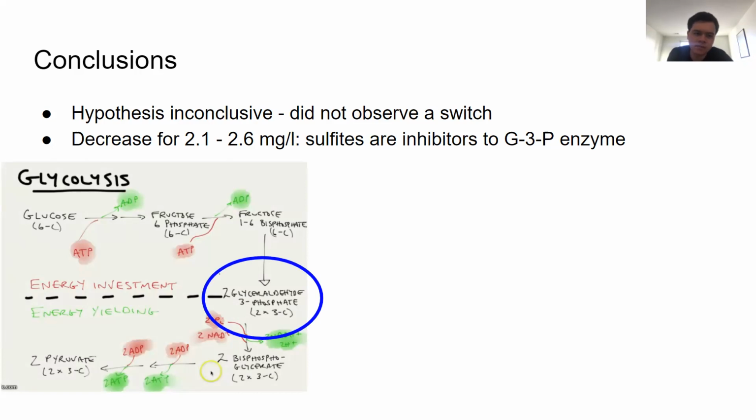So, if the G3P enzyme is inhibited, then the glyceraldehyde 3-phosphate cannot be broken down, which halts the process of glycolysis. In fact, the same study we mentioned earlier found that, quote, "intracellular concentration of glyceraldehyde 3-phosphate was accumulating 10 to 100-fold over the concentration in the absence of sulfite," end quote.